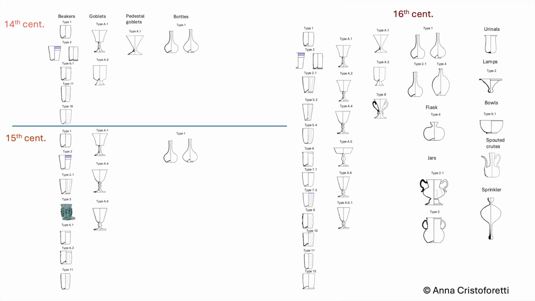The first step Anna did was to transform the fragments into understandable objects, through the chronotypological study, which allowed us to divide the shapes into a chronological order. This is very important to see differences in taste, in the circulation of objects and shapes, and decorative features as well.